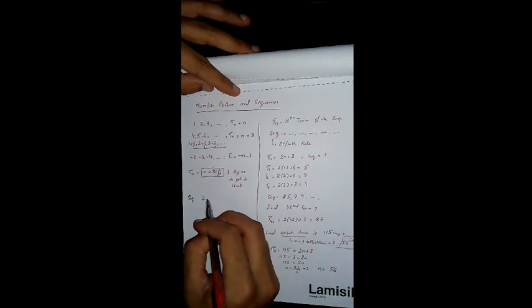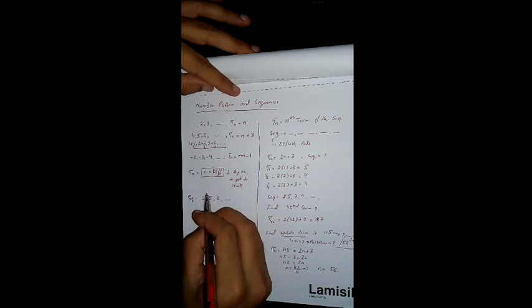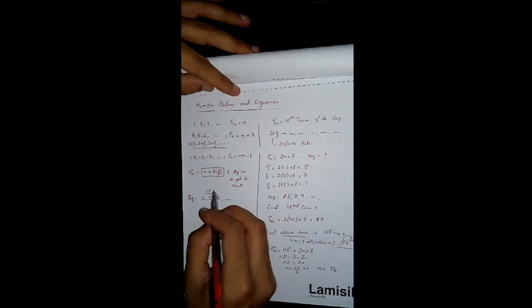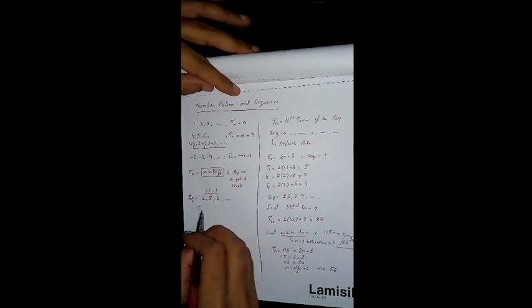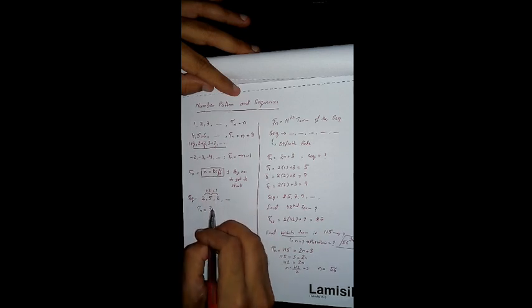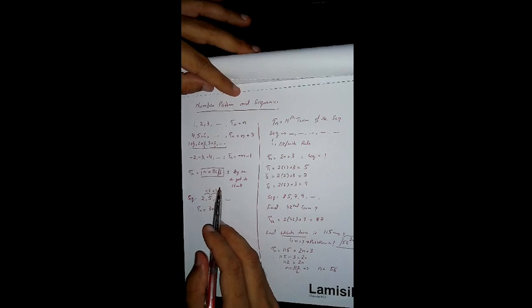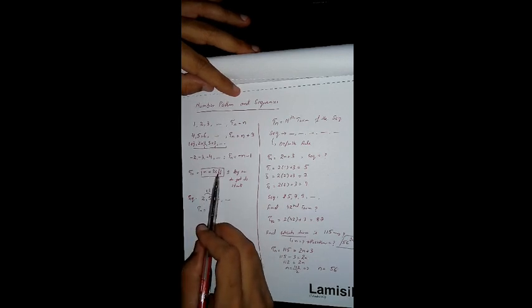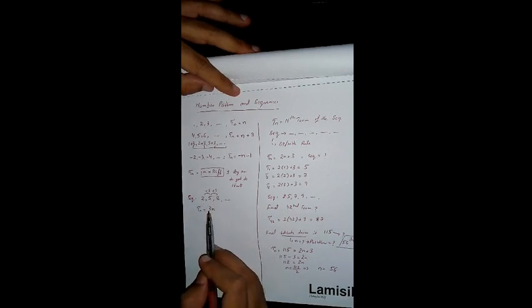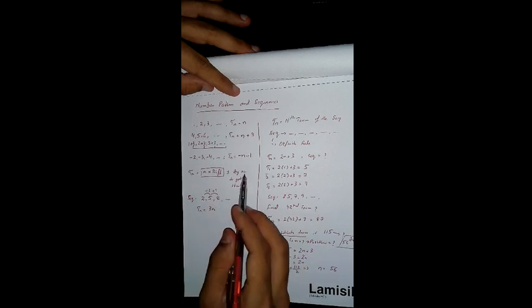Suppose I have a sequence 2, 5, 8 and so on. The difference is plus 3. So I will write Tn equal to 3n, because I have told you to write n times the difference, plus or minus any number to get to the start.